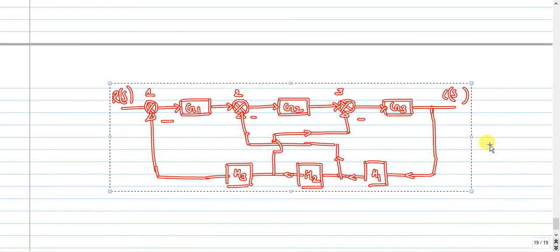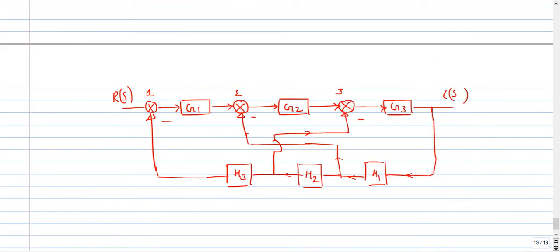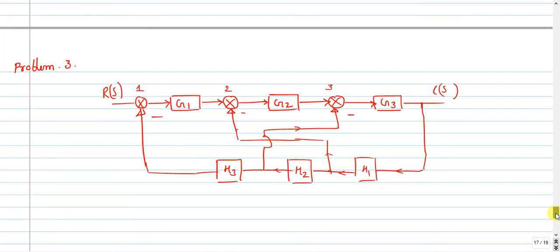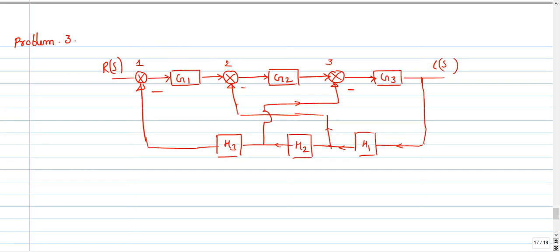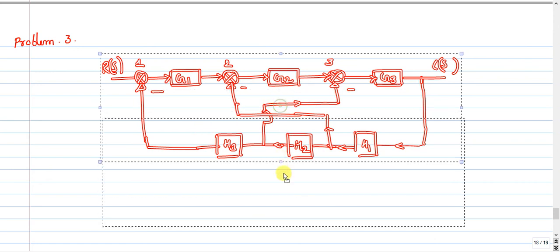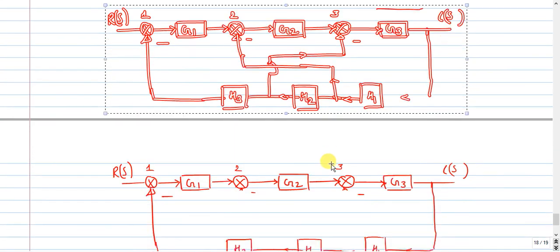Now let me erase, and I will rewrite. So my first path is, let me take this down.